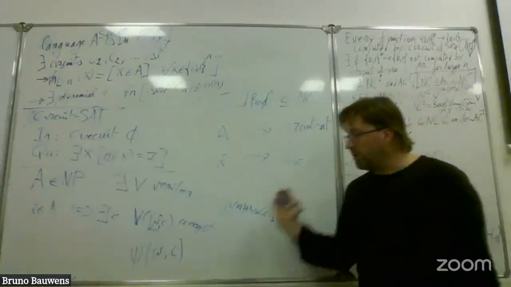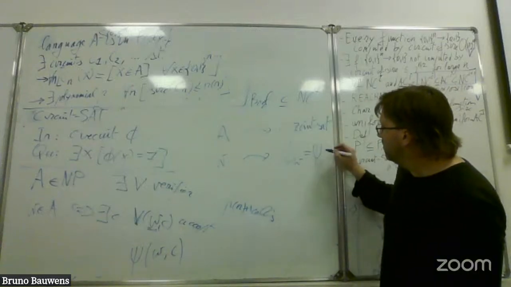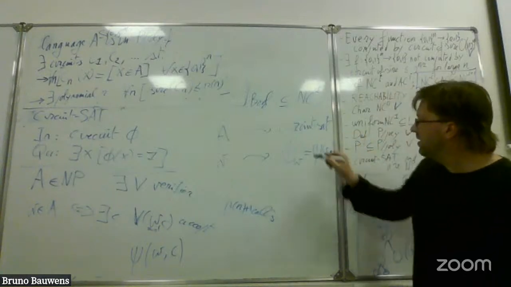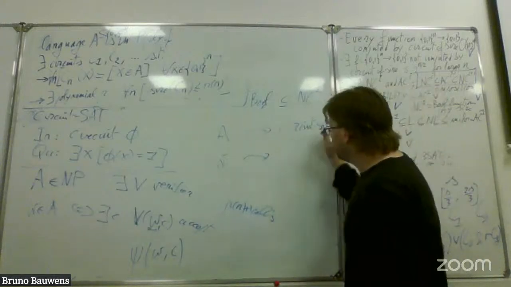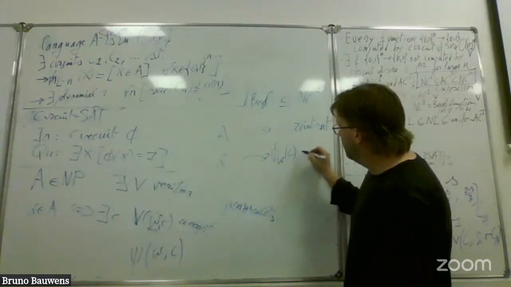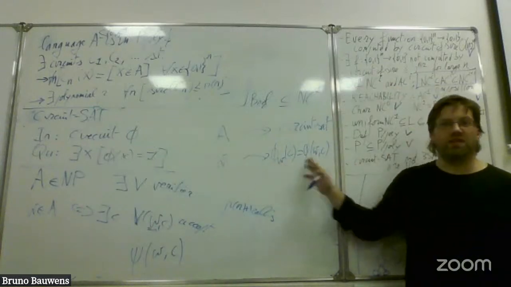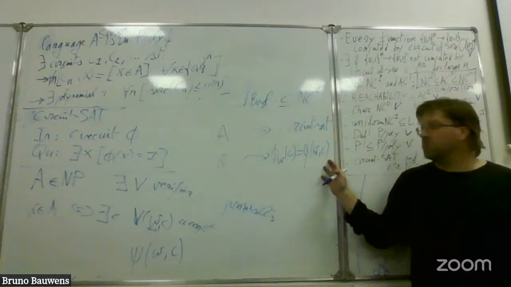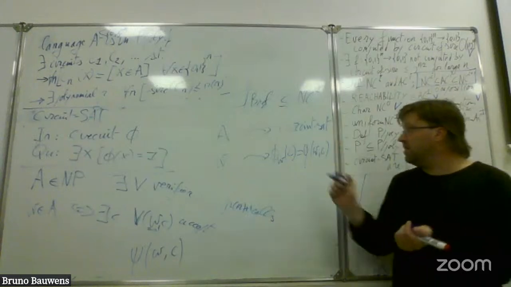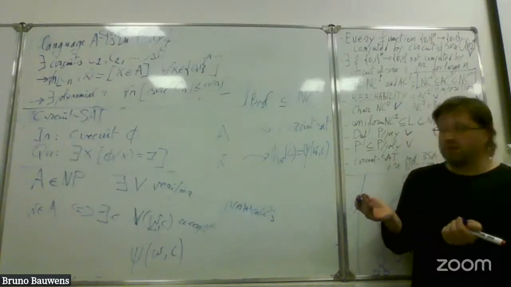So we hardcode w in the first argument: phi_w(C) equals psi(w, C). We get a circuit that receives any certificate, and if the certificate is accepted, it evaluates to 1. That's our reduction. That's it.